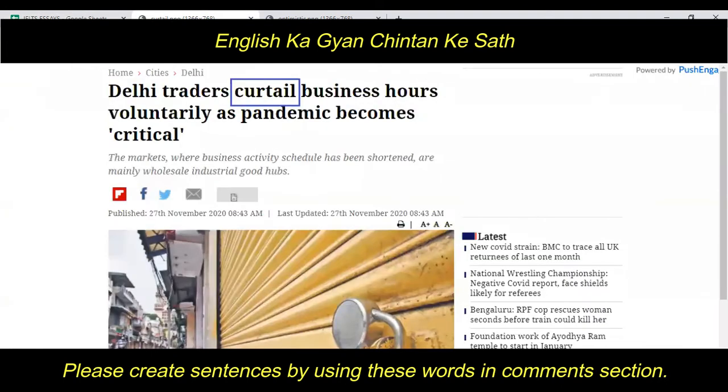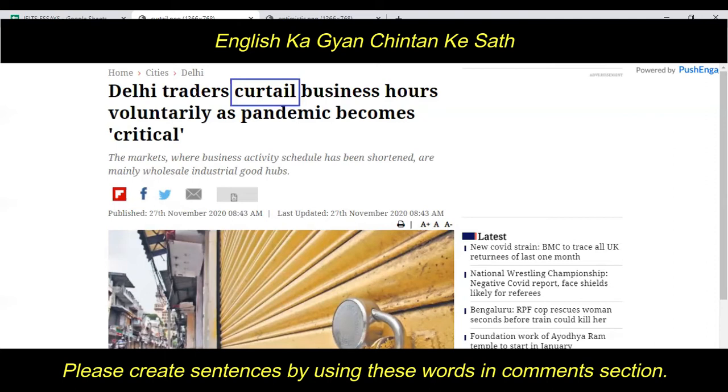Now let's go to the news article in which I have seen this particular word utilized. The headline is something like this: Delhi traders curtail business hours voluntarily as pandemic becomes critical.